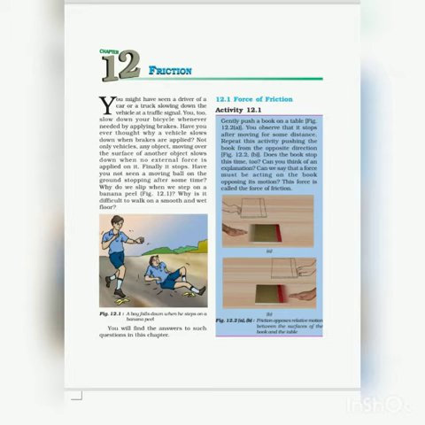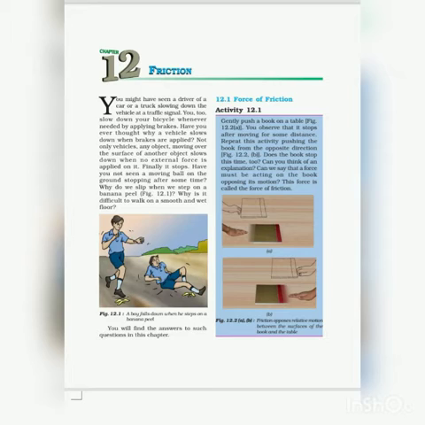When an object is moved over another, these ups and downs interlock with each other, giving rise to the force of friction and thus opposing the motion of bodies. In the above examples, the more the irregularities, the more is the friction exerted. For a smooth surface, less friction is exerted, and for a rough surface, more friction is exerted.